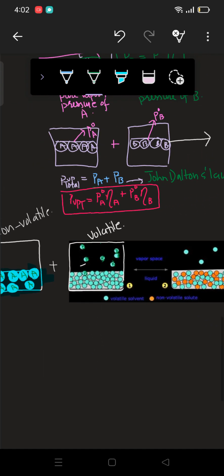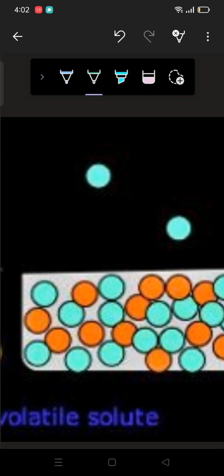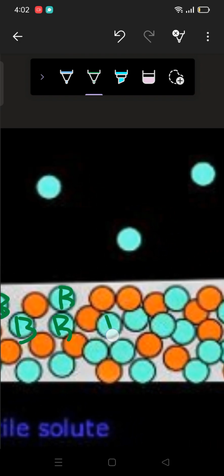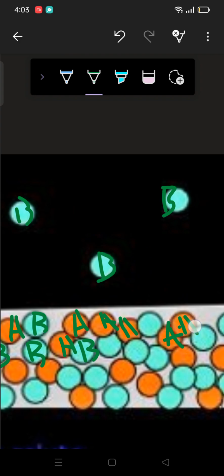When we mixed them together, this is B, since B has the capability to get evaporated or to make the vapor pressure, and this is A, which is actually taking place.